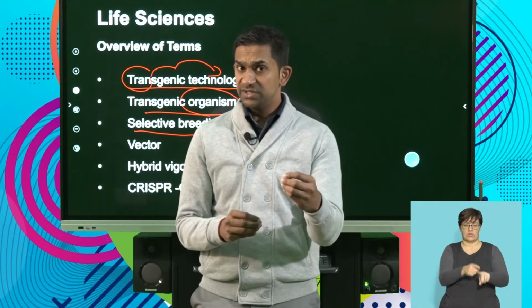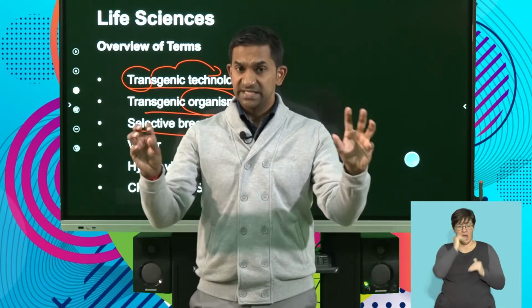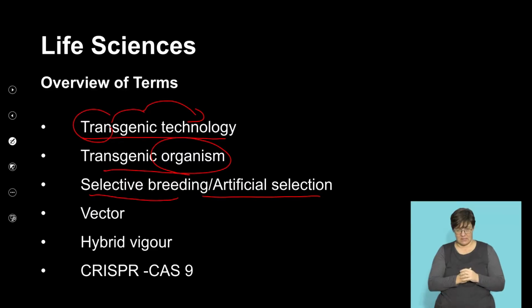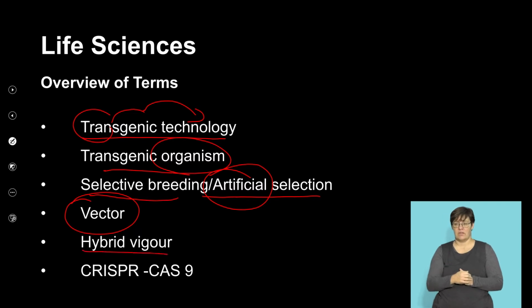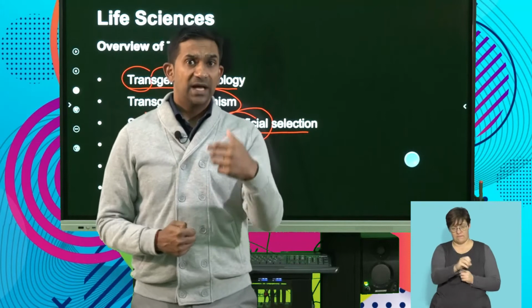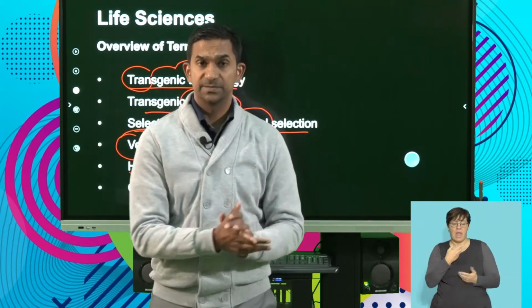That's also seen as genetic engineering at a very high level, where we're selecting characteristics, also referred to as artificial selection. The concept of using vectors to transfer genetic information, and how individuals that are created show hybrid vigor, generally having greater variation or characteristics that are useful for a specific purpose.